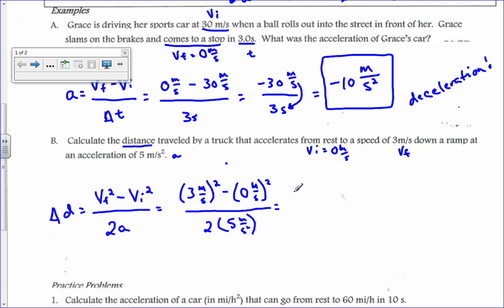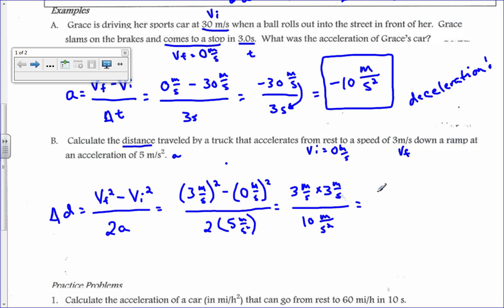So 3 meters per second squared is going to be 3 meters per second times 3 meters per second. And I'm expanding it out like this on purpose so you'll see what we do with these units here. 2 times 5 meters per second squared, that's going to be 10 meters per second squared.